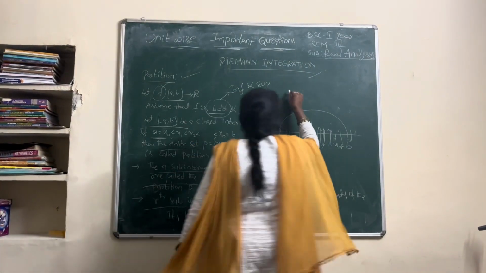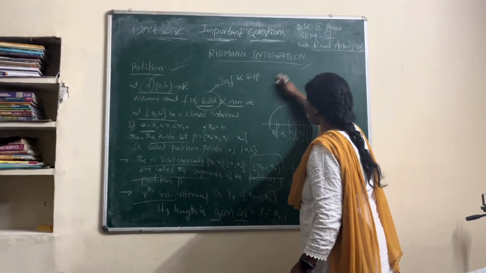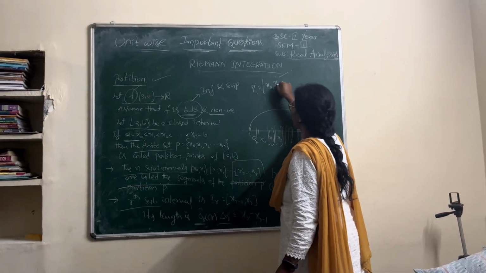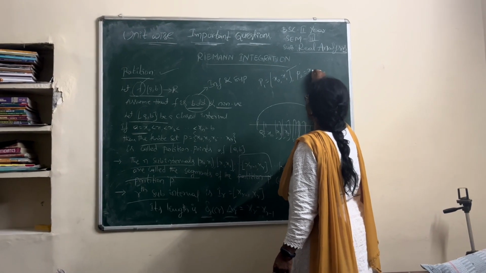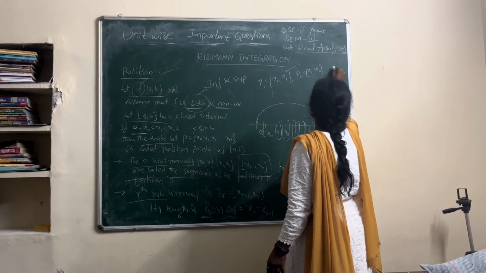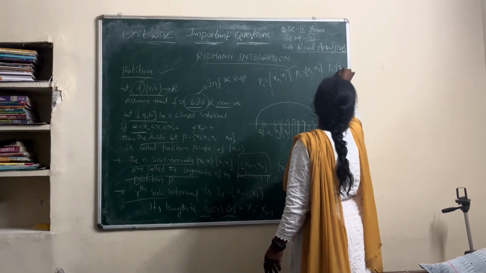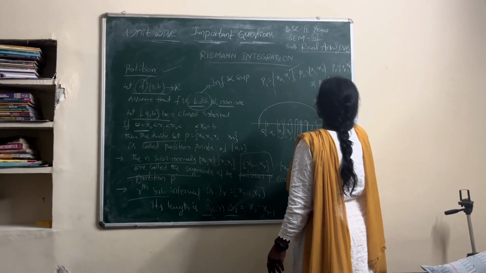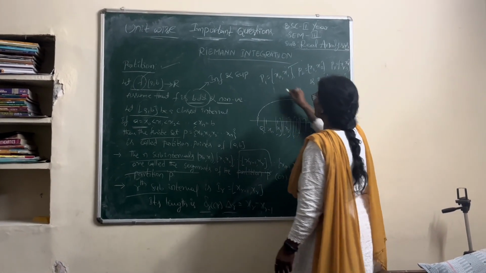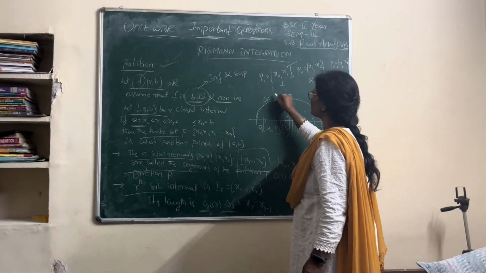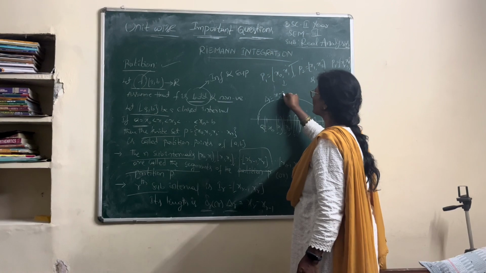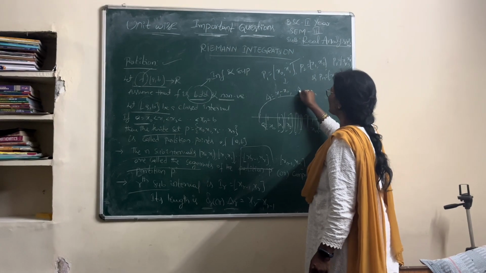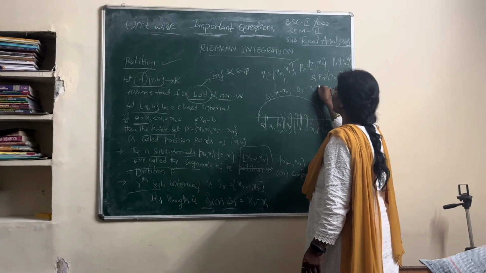That means here the subintervals are I1 equal to [x0, x1], I2 equal to [x1, x2], so on, Ir equal to [x(r-1), xr], and In equal to [x(n-1), xn]. Their lengths are delta 1 equal to x1 minus x0, and the length of I2 is delta 2, that is x2 minus x1.